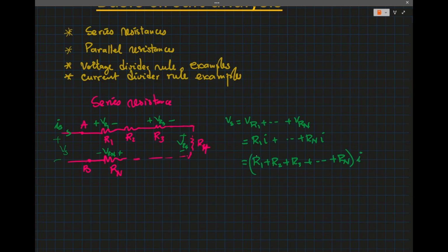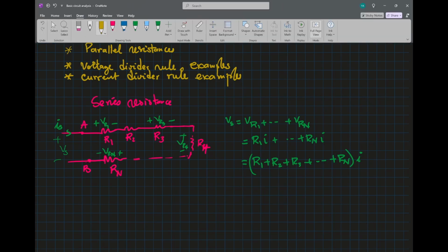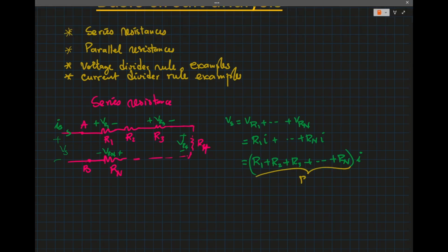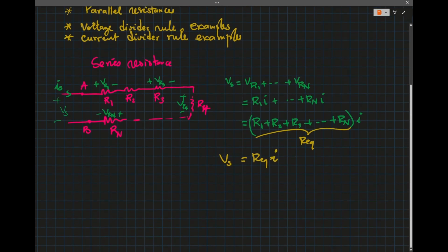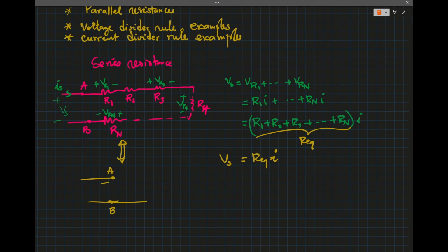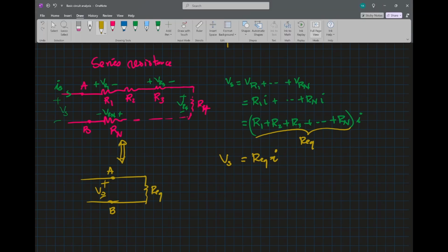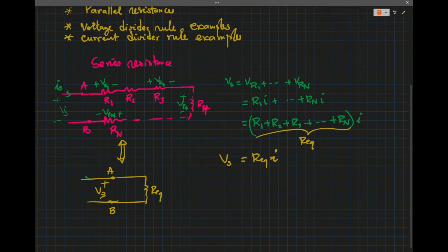So I can call this the equivalent resistance, R equivalent. That means Vs equals R equivalent times the current. So essentially this is equivalent to A, B, with Vs and then R equivalent, and the same current is flowing.